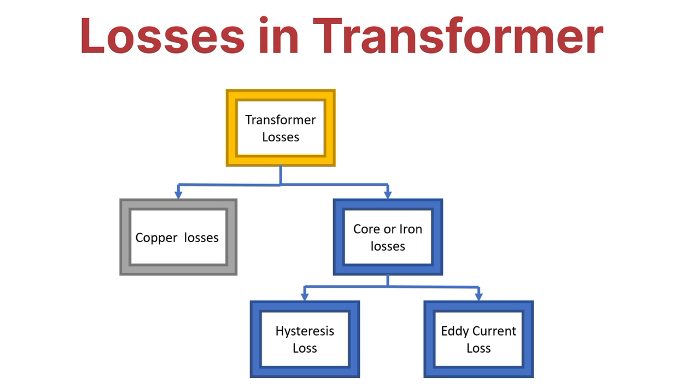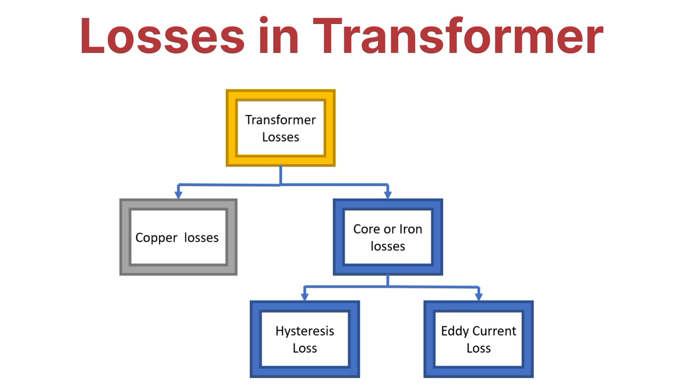So that's why let's see what are losses in a transformer. A transformer's output power is always slightly less than the transformer input power. Why? Because there are losses between the input and output, so the output power is always slightly less than the input power of the transformer.